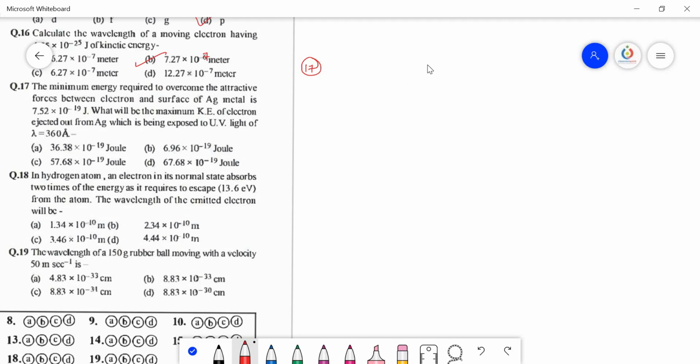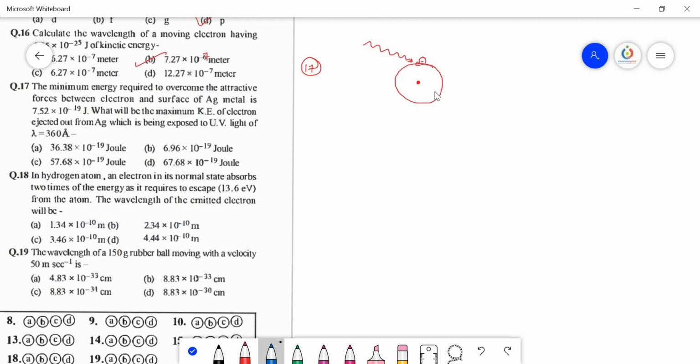According to the photoelectric effect, there is a particular atom whose nucleus is at the center of the atom, and an electron is revolving around the nucleus. When light of a certain frequency or wavelength falls on the electron, the electron absorbs the energy.